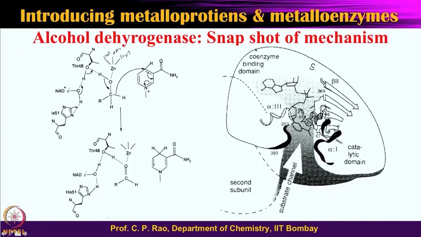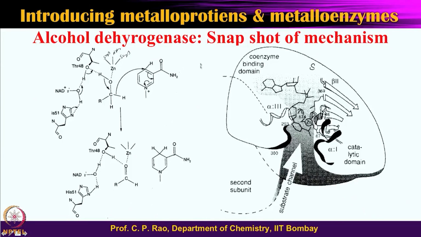Now, just look at a snapshot of the mechanism in this case. As I told you, you have a zinc center catalytic, you have a structure which is not shown over here, and close by you have a NAD plus. Because the enzyme is NAD plus, this can oxidize the alcohol to aldehyde and itself get reduced to NADH.